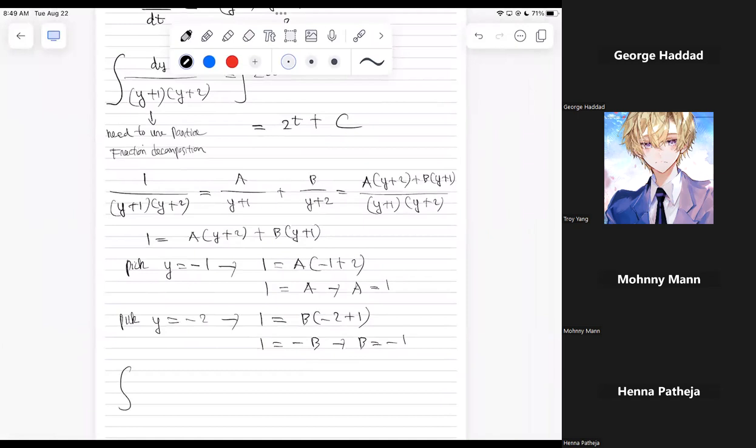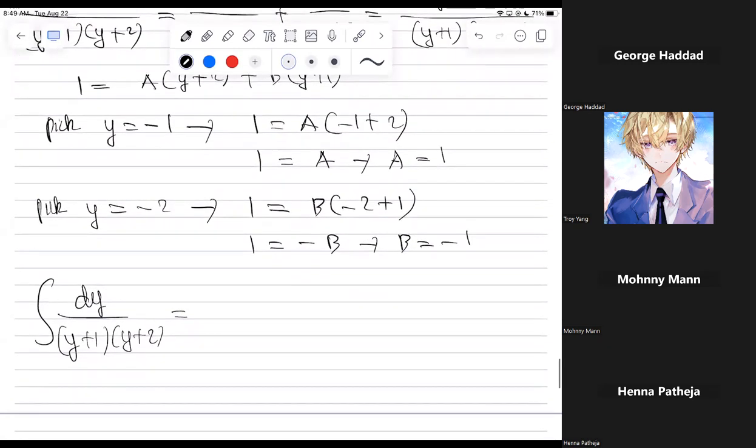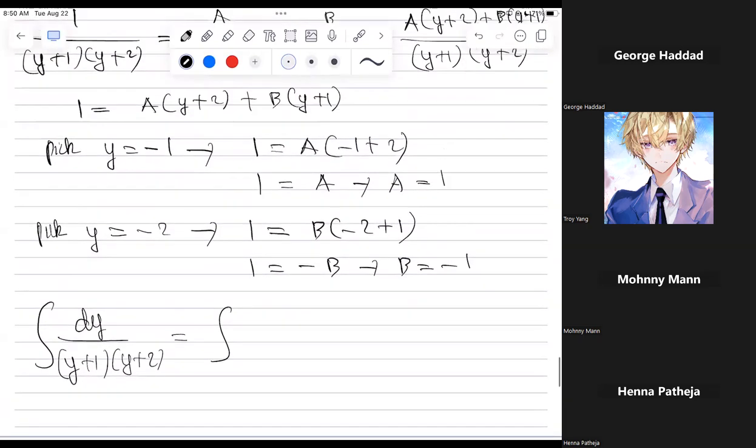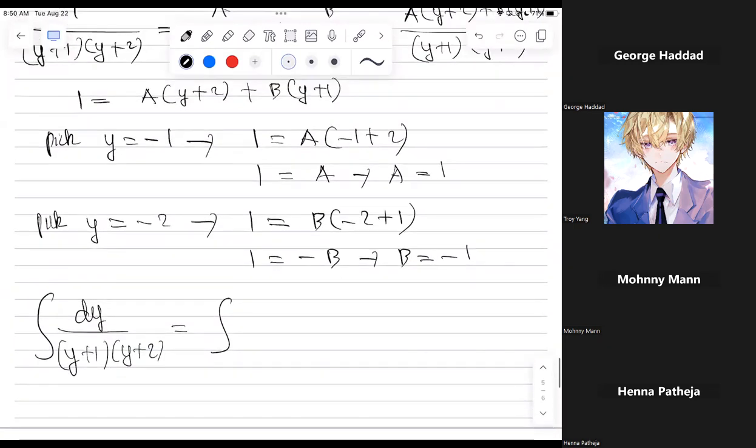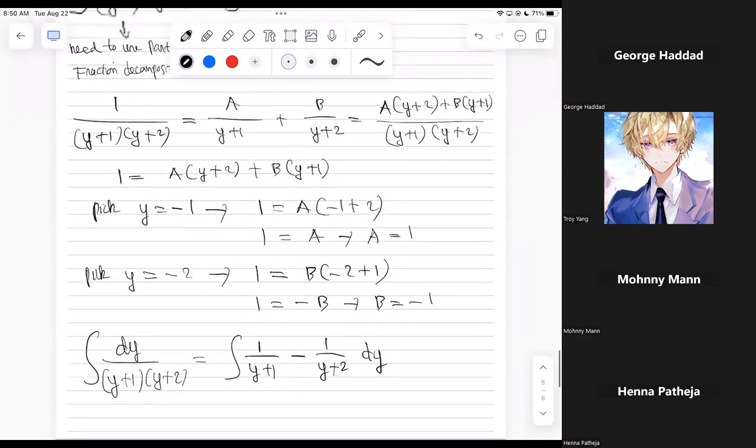Okay, so the integral of dy over y plus 1 times y plus 2 right here can be written as A over y plus 1, where A equals 1, plus B over y plus 2, where B equals -1, dy. So I get 1 over y plus 1 and -1 over y plus 2.